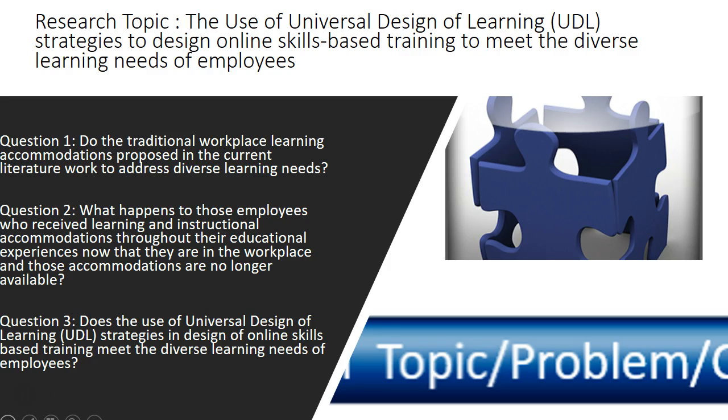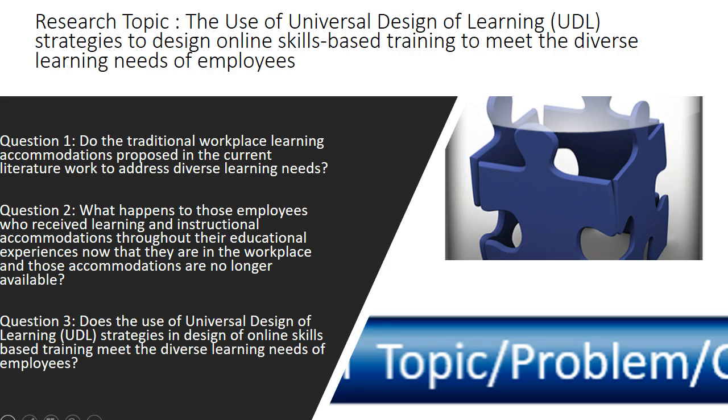Now, the research topic here is the use of universal design of learning strategies to design online skills-based training to meet the diverse learning needs of employees. So we have three fundamental questions that I've set out to try to answer. The first one is, do the traditional workplace learning accommodations proposed in our current literature address our diverse learning needs?